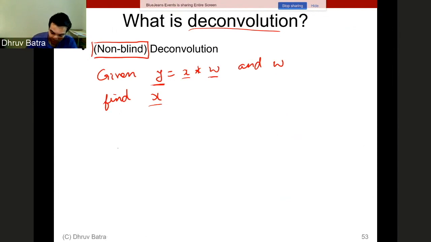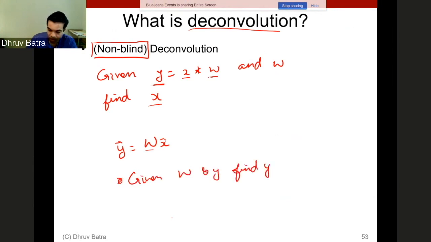So if you can express y is equal to w times x, so if y is a one-dimensional signal, w is a matrix which is representing that filter, really what you're asking for is given w and y, find x. So invert this operation. So is there an x tilde equals w inverse of y operation that you can find? So that's what we're asking for.